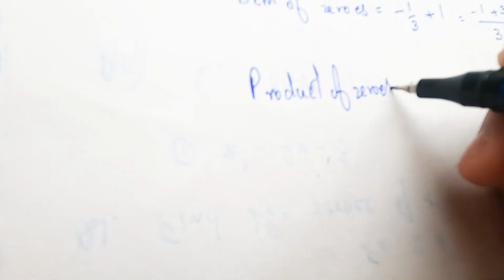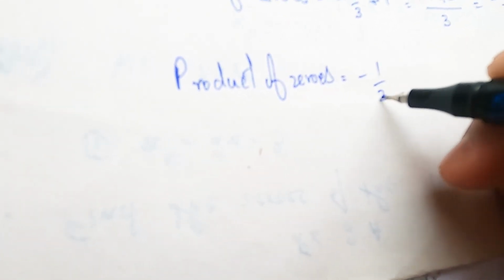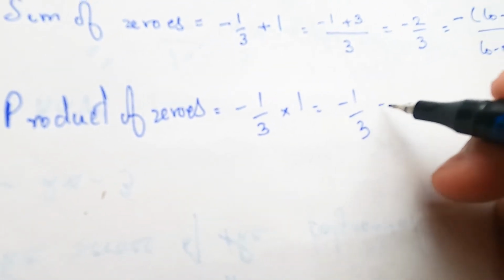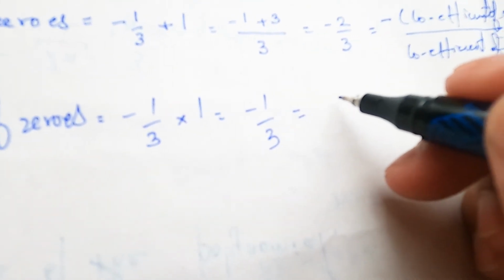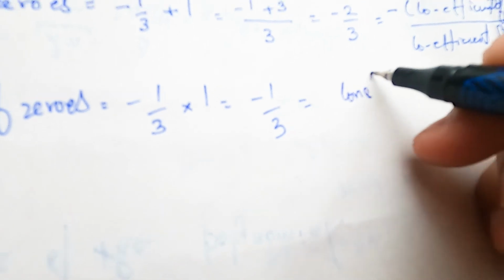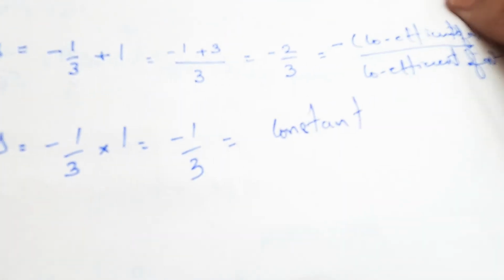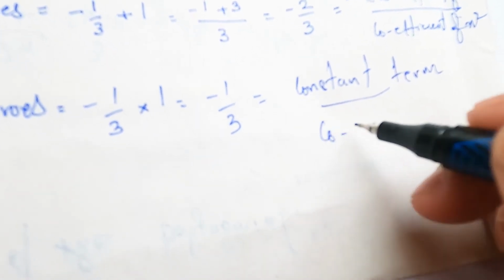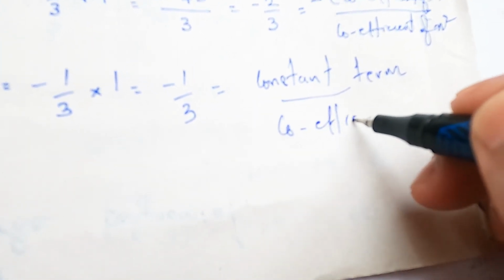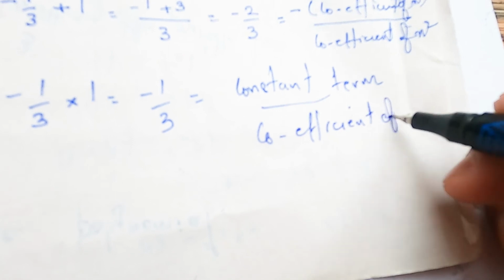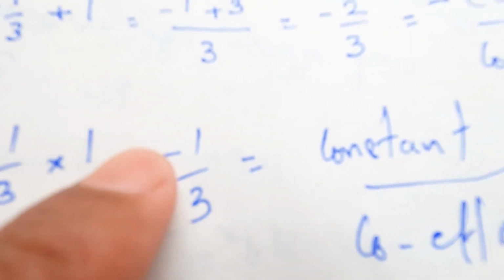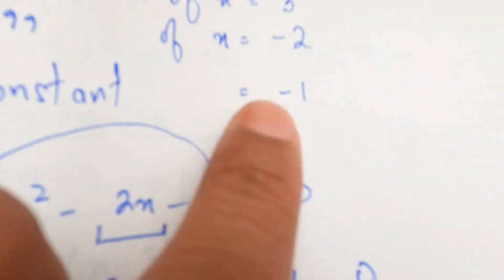Now product of zeros is equal to minus 1 by 3 into 1, so it will be minus 1 by 3, which is equal to the constant term by the coefficient of x square. In this case, the constant term, how much is it? Minus 1. Are we getting the same thing?